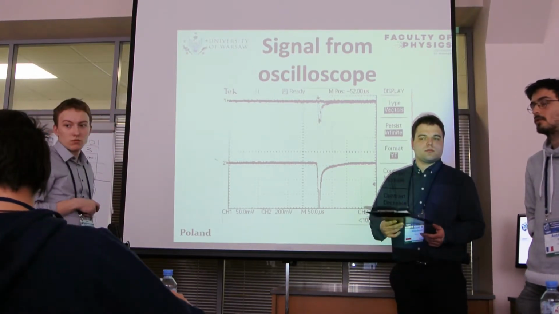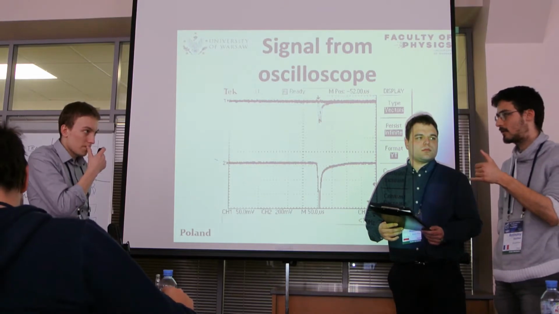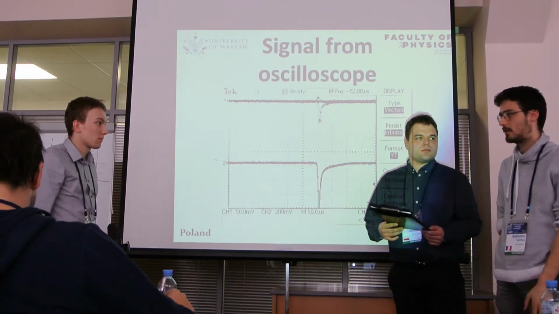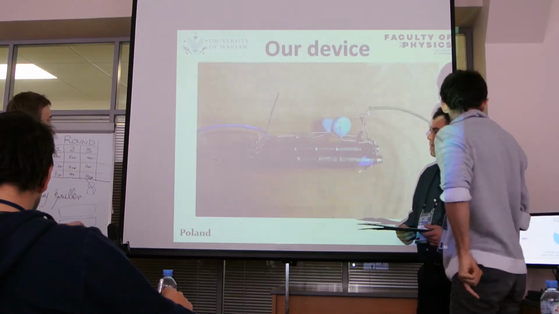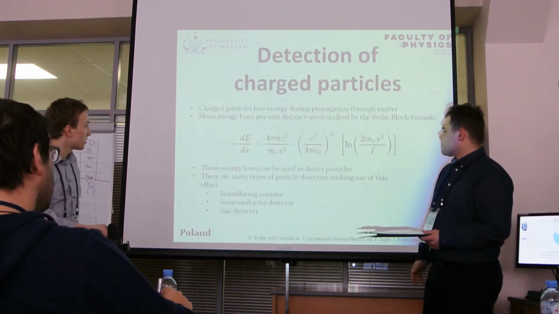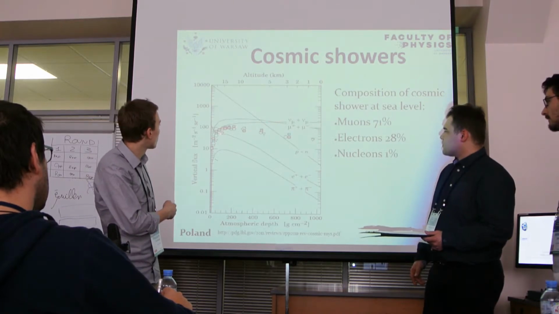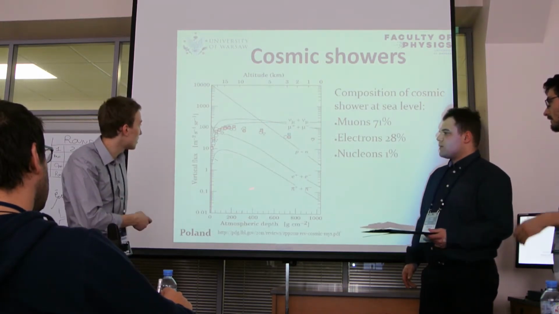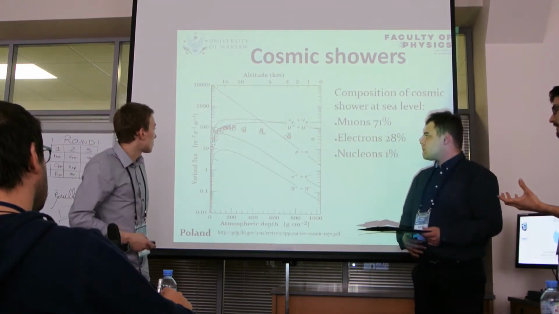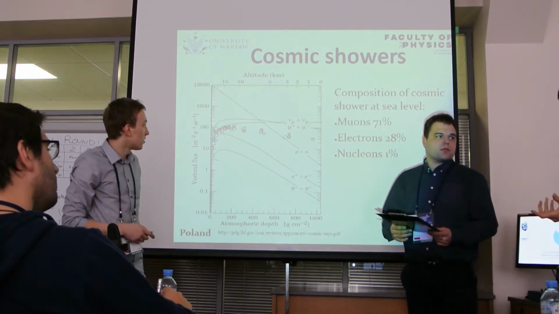Do you know what happens to muons when they travel through the atmosphere? As you can see from this graph, they lose energy very slowly. Are they stable? No, muons are not.